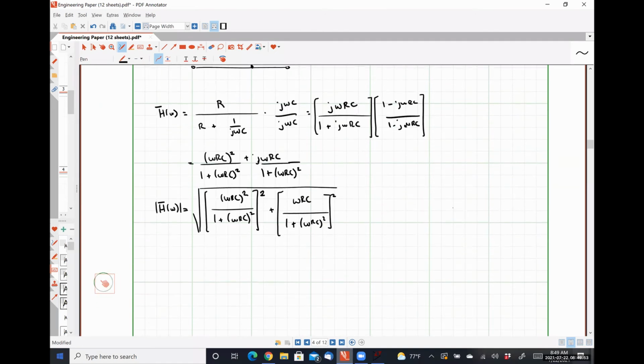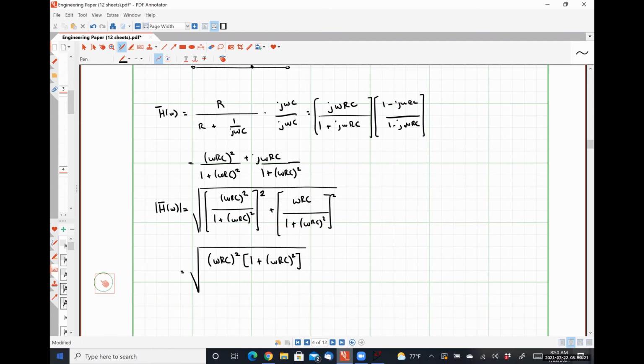And now I'm going to have omega RC squared times 1 plus omega RC squared.